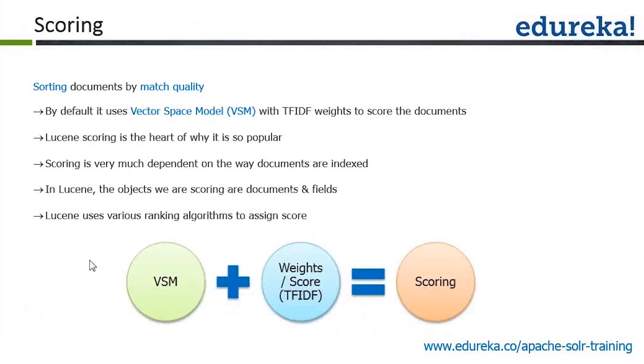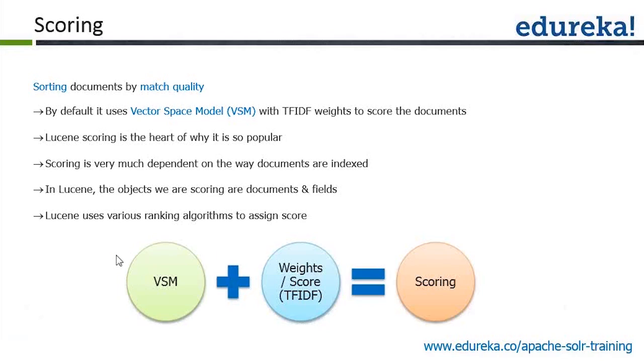Fine. So using a vector space model with some weightages, it gives you the scoring. A vector space model is nothing but representing your query as well as the document in a vector format, nothing more than that.